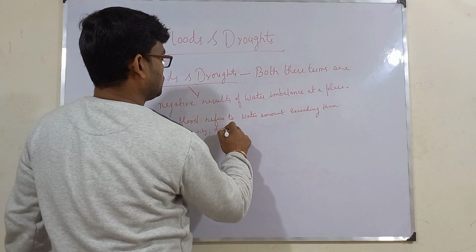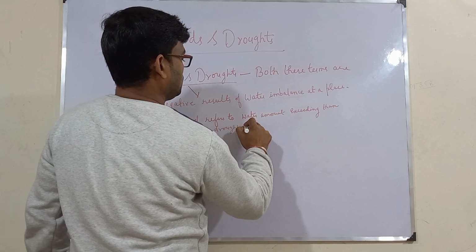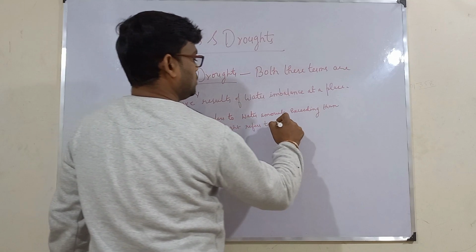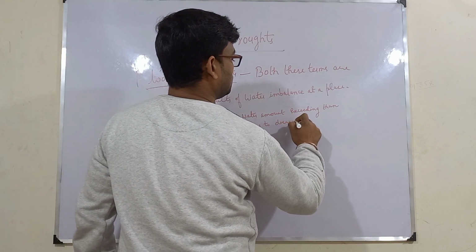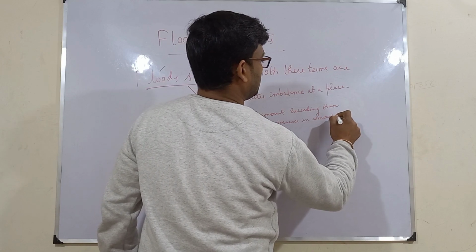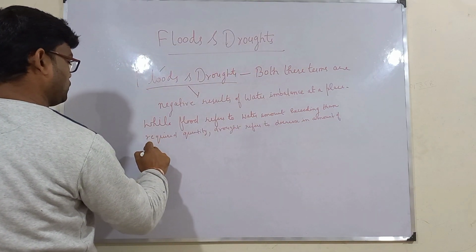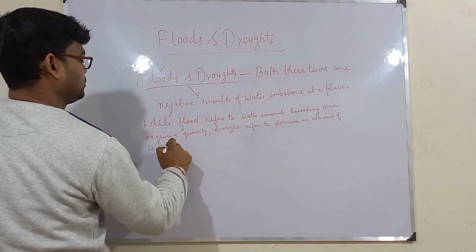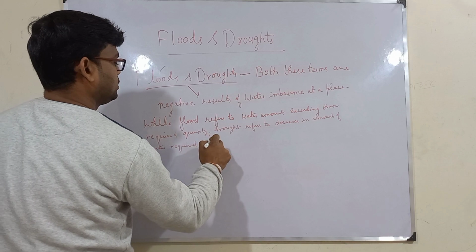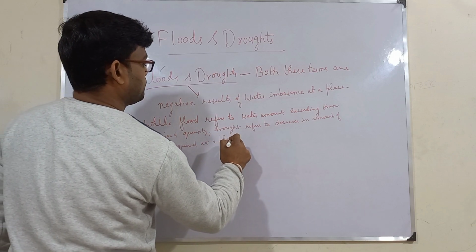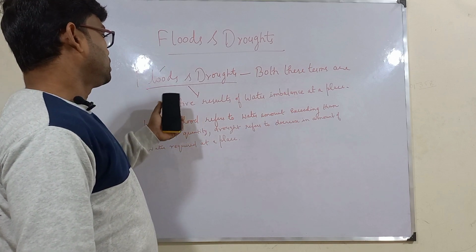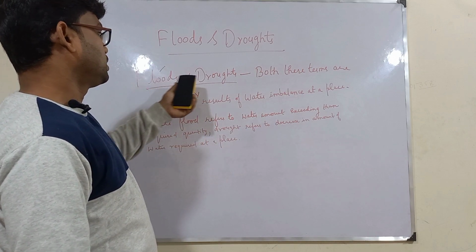Drought refers to decrease in amount of water required at a place. So this is the definition for floods and droughts.